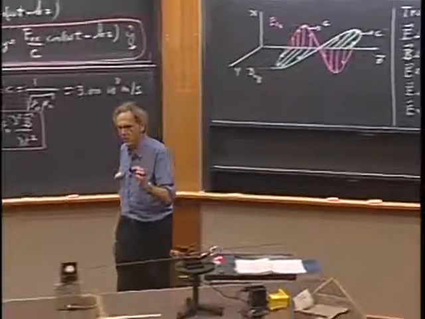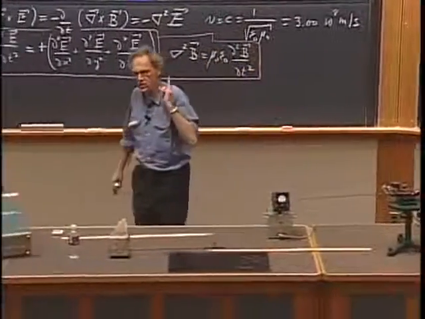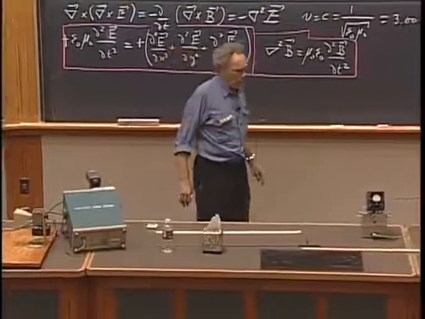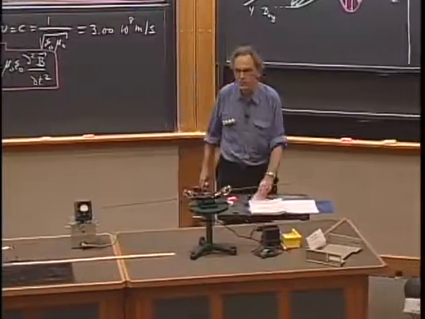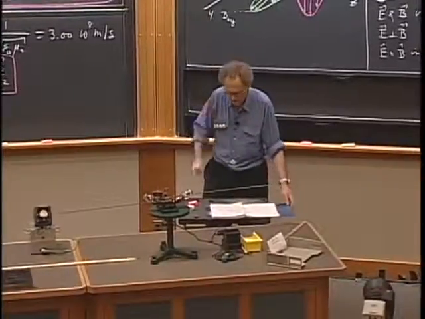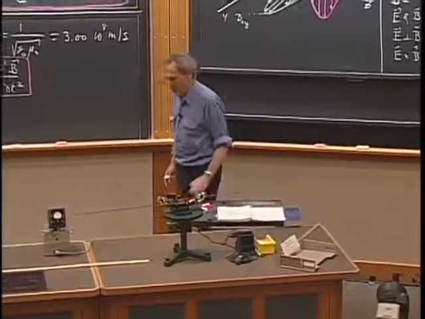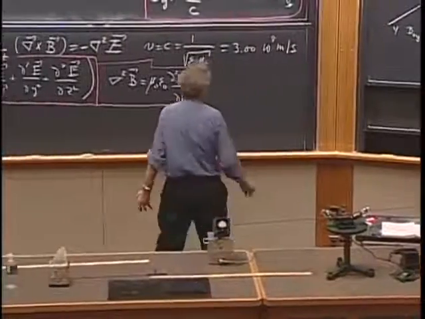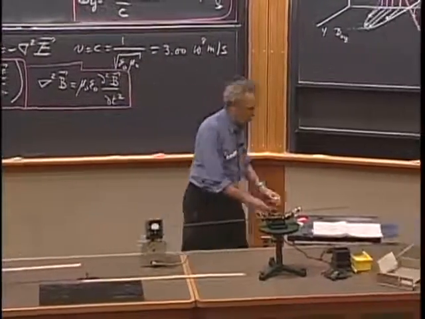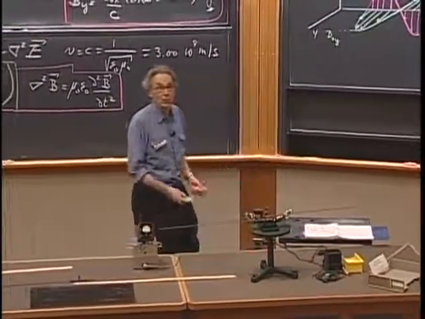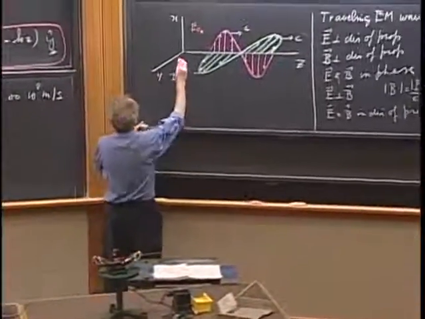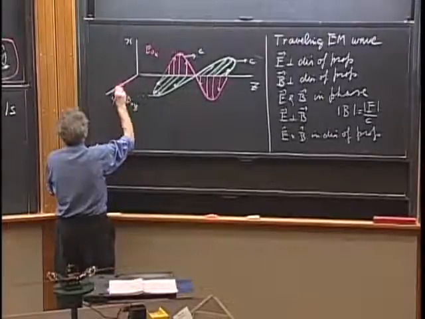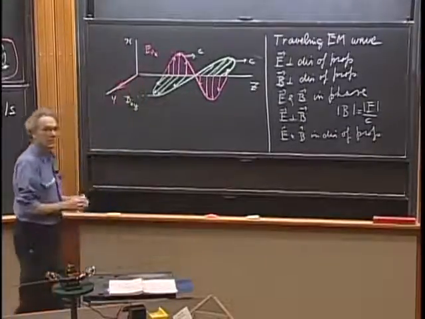If the E vector is only in one direction, as it is here in the x direction, we call that linearly polarized radiation. The word speaks for itself, linear. Now, of course, it is entirely possible, which is also a perfect solution to Maxwell's equations and to the wave equation, to have an E field in the y direction.